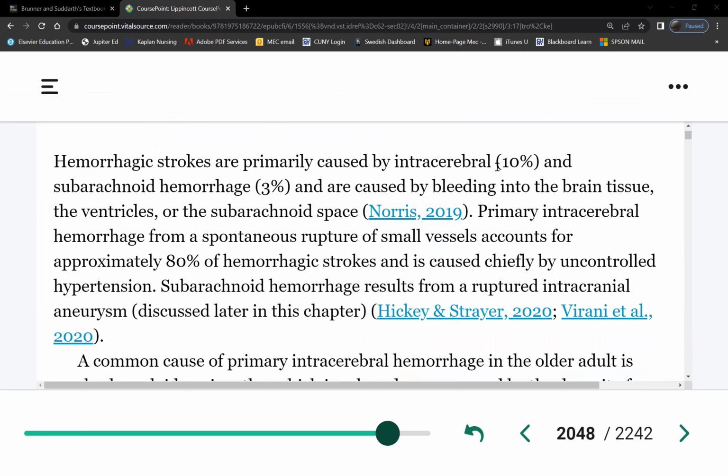The bleeding here can be in any of the meninges because we have blood vessels in the 3 meningeal layers of the brain. So the most common would be intracranial, or also called intracerebral hemorrhage. Now there are 3 common risk factors here.